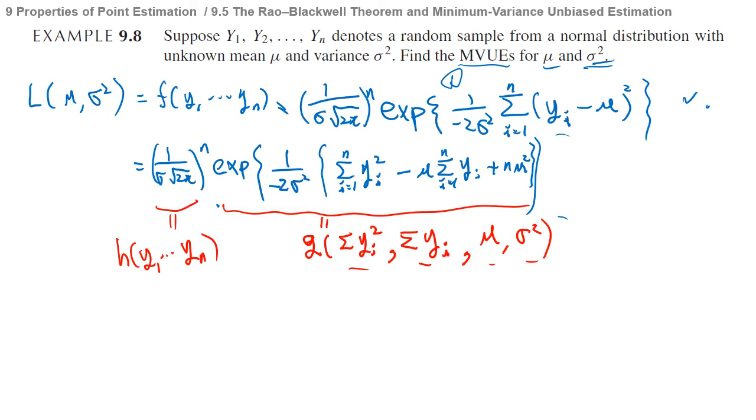And so by the factorization theorem, the sum of yi square and the sum of yi are jointly sufficient statistics for mu and sigma square.